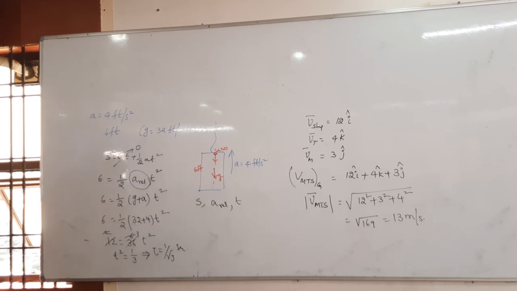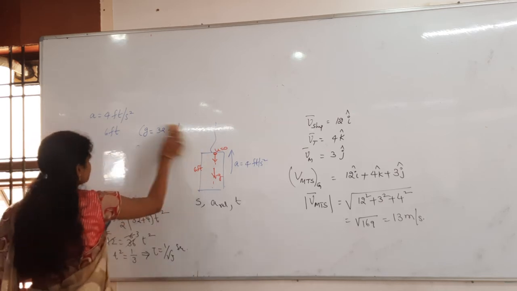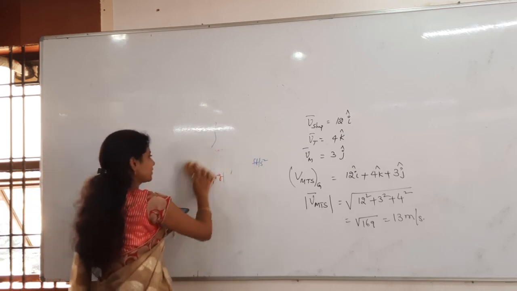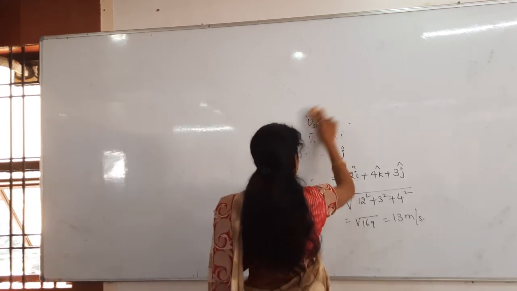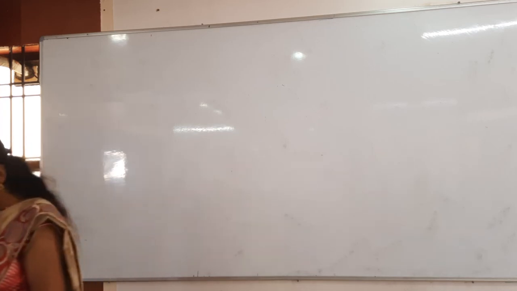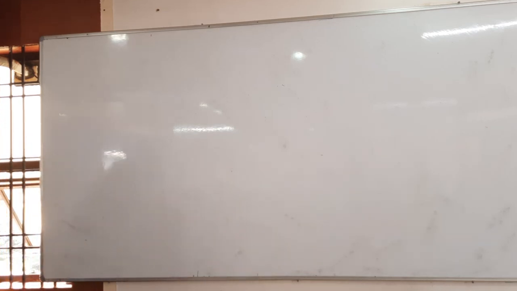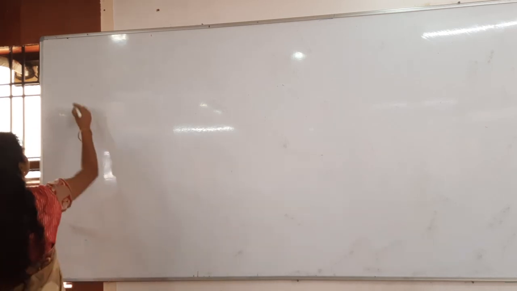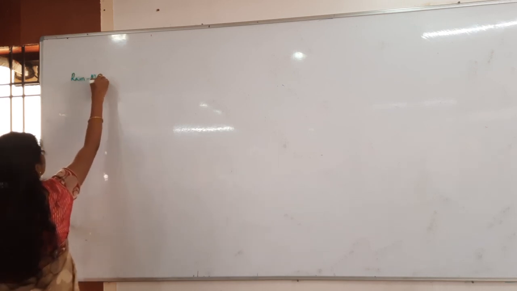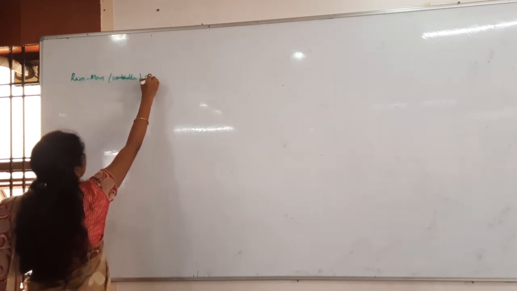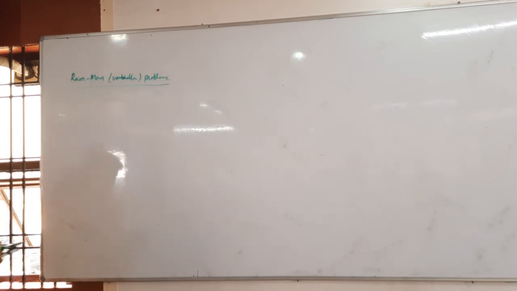A man is walking on a straight road in the horizontal direction with a speed of 5 kilometers per hour.